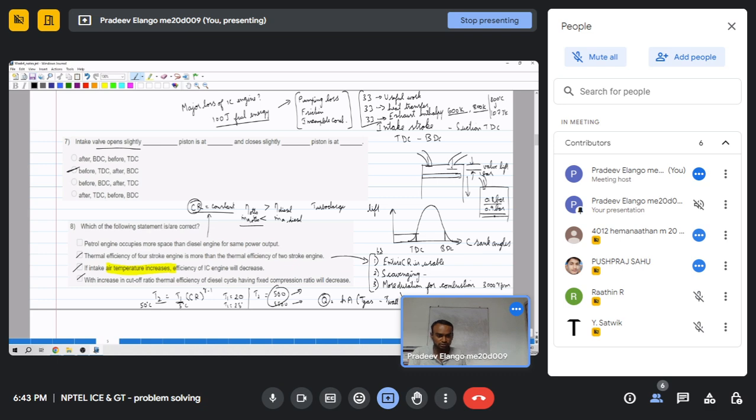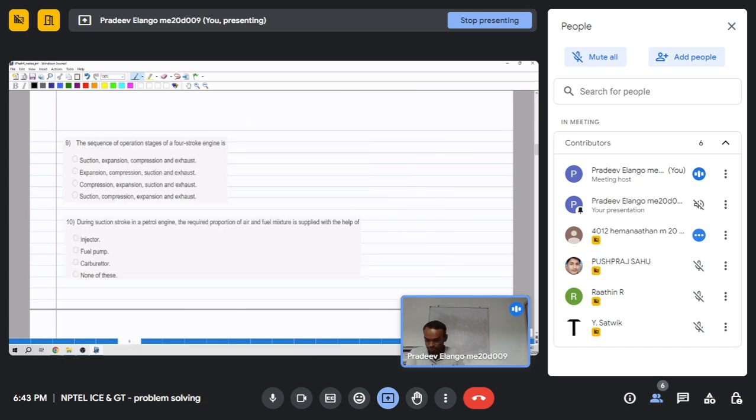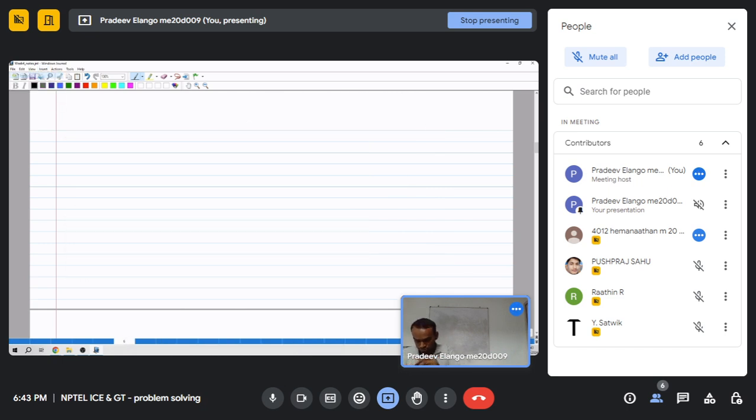No, it is correct. Do you remember the formula? Eta diesel. Does someone remember this? This is 1 minus 1 by compression ratio power gamma minus 1, then we have cutoff ratio power gamma minus 1, divided by gamma into cutoff ratio minus 1. Am I right?